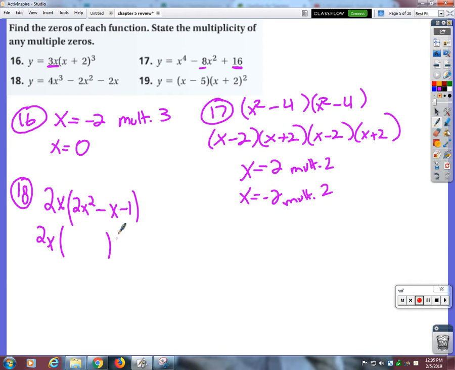Now we have to factor 2x squared minus x minus 1. What two things go in the front here to multiply together to be 2x squared? Just tell me what goes here and here. X and what?